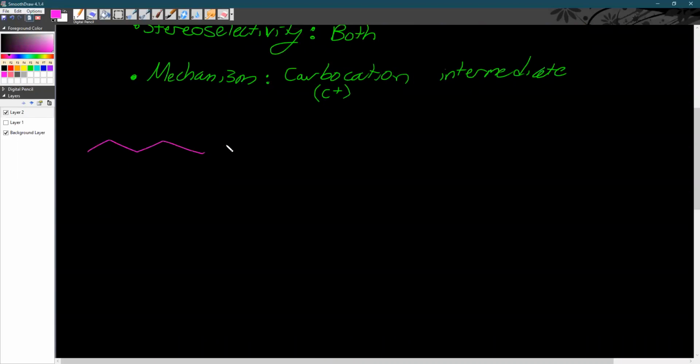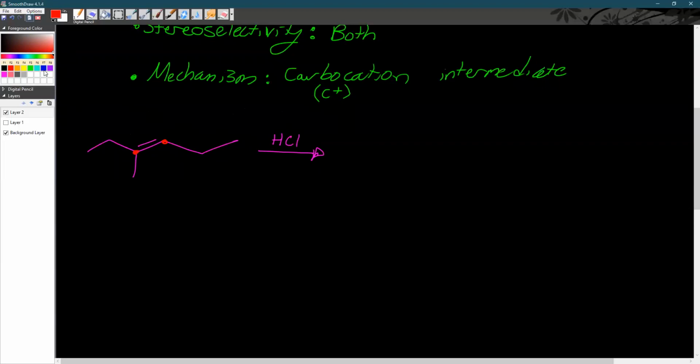So let's say that we had this compound, and I want to react it with HCl. What I know is that I'm only going to have two potential places to put my hydrogen and my halogen.